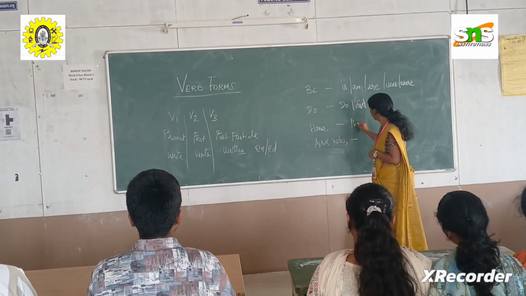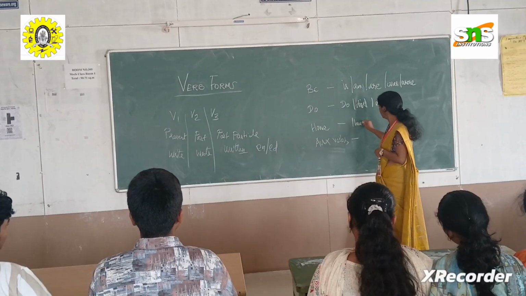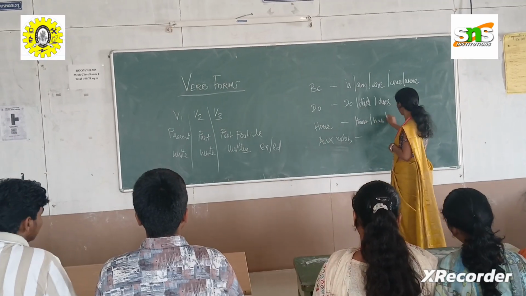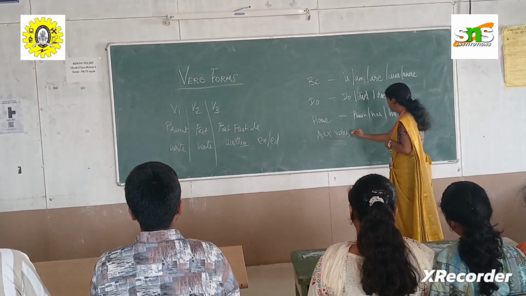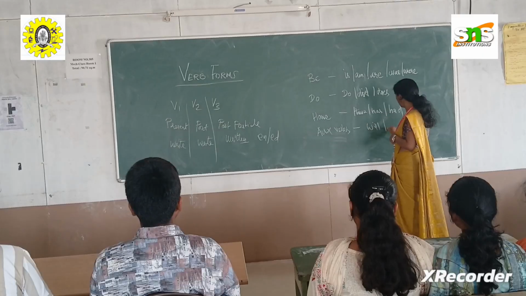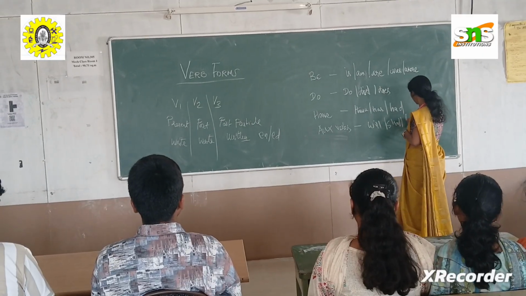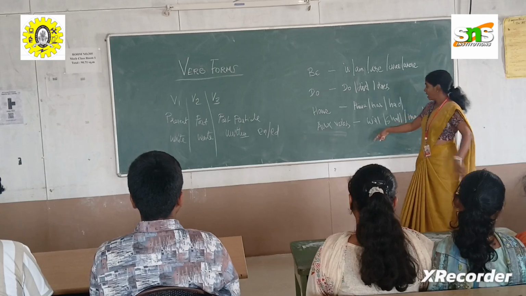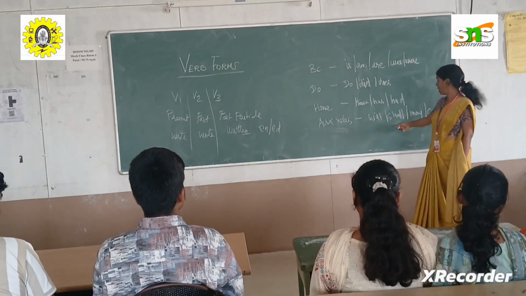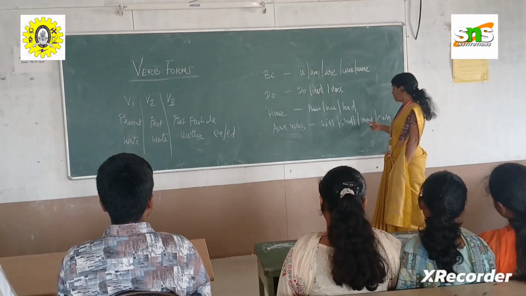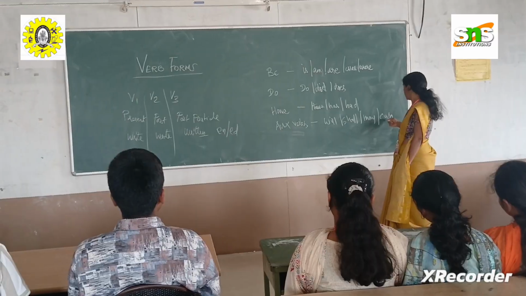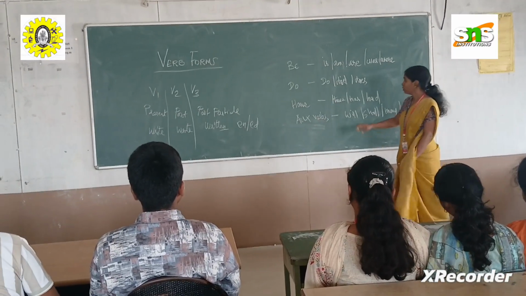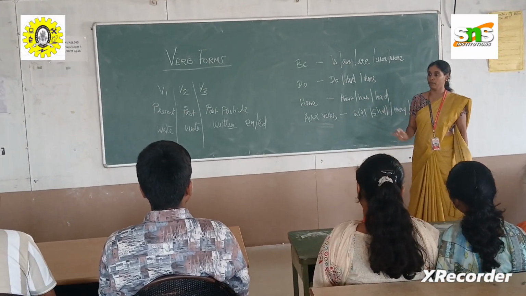Have verbs: has, have. In auxiliary verbs, we have will, shall, may, can, and the past forms of will: could, shall, should, may, might, must, can, could. Okay. So these are the types of verbs.